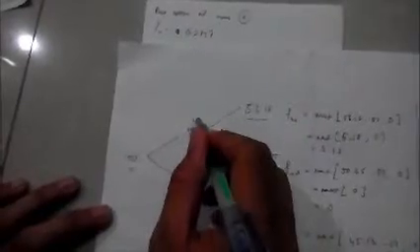Alright, next we also need to find the option price at node 2. Here, this is node 2, this is node 3, and this is node 1.